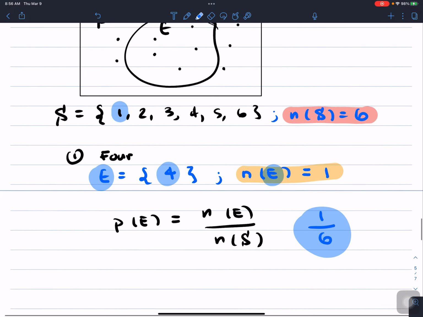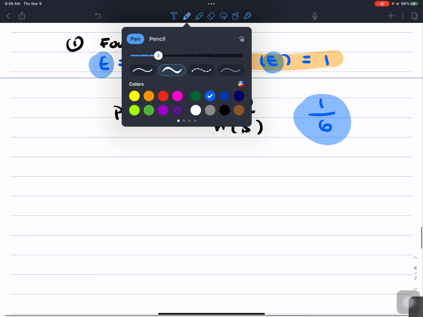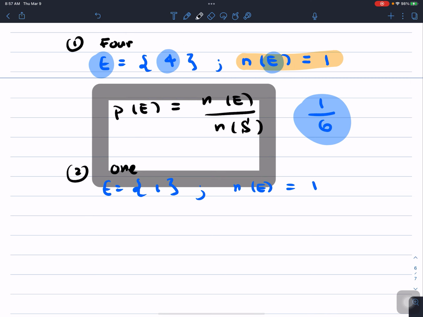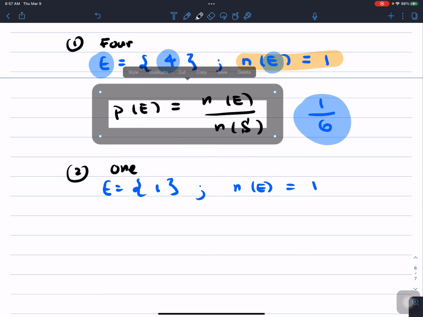Okay, so let's see what this probability is. What's in that set? Just the what? 1. How many outcomes are in here? 1. So what is the probability, ladies and gentlemen? I know my denominator.